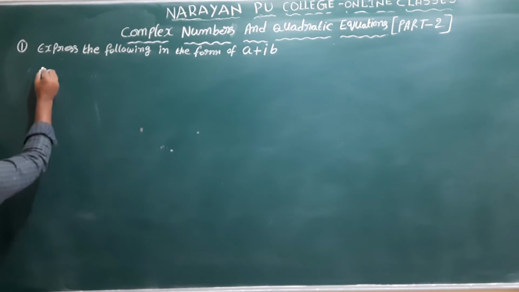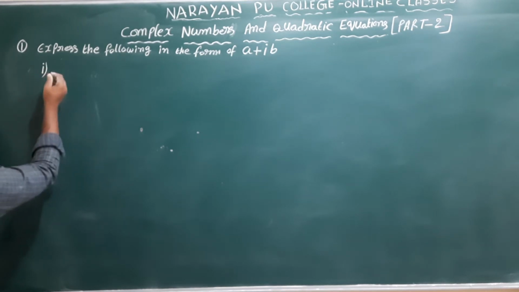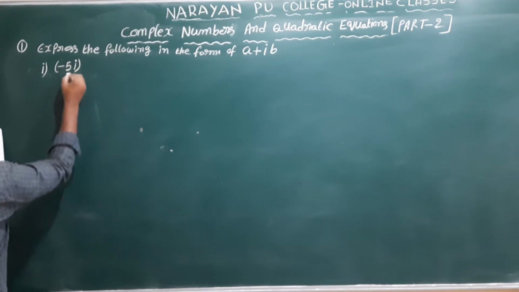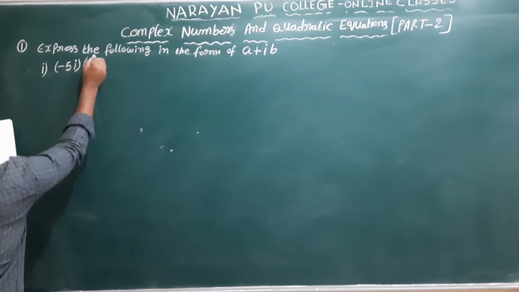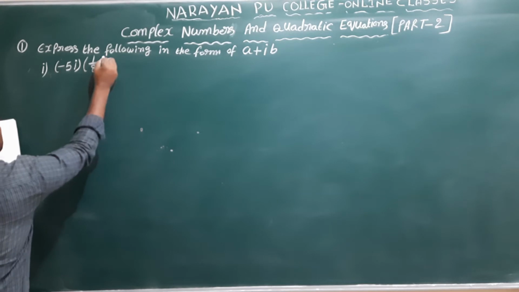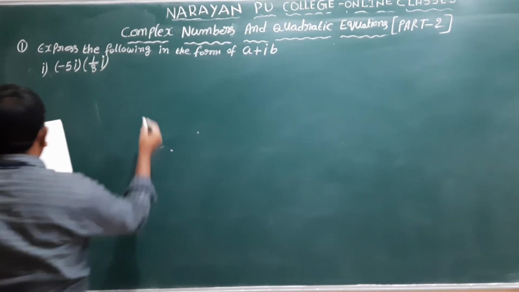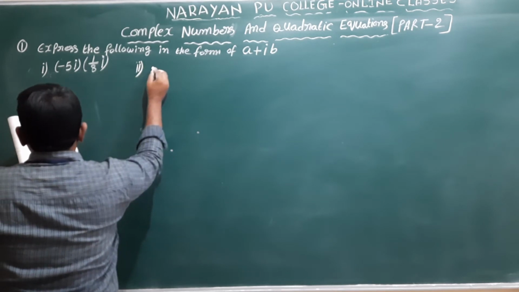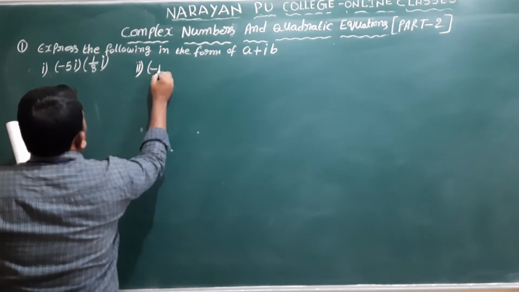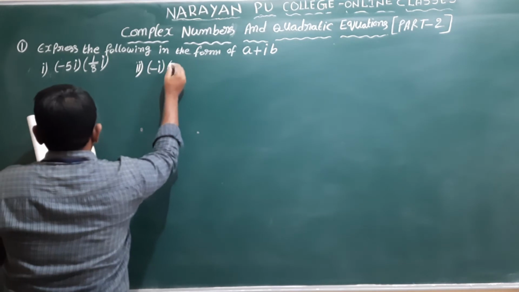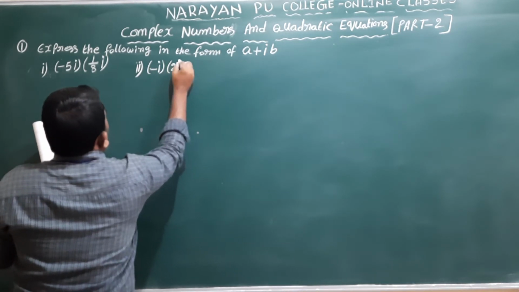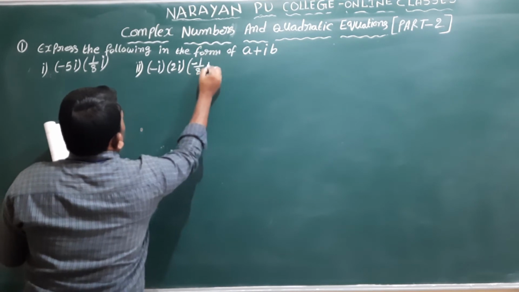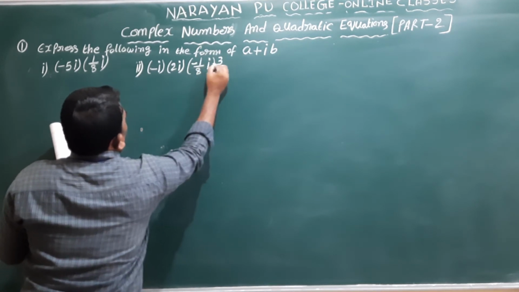The first one: minus 5i into 1 by 8 i. The second one: minus i into 2i into minus 1 by 8 i whole cube.